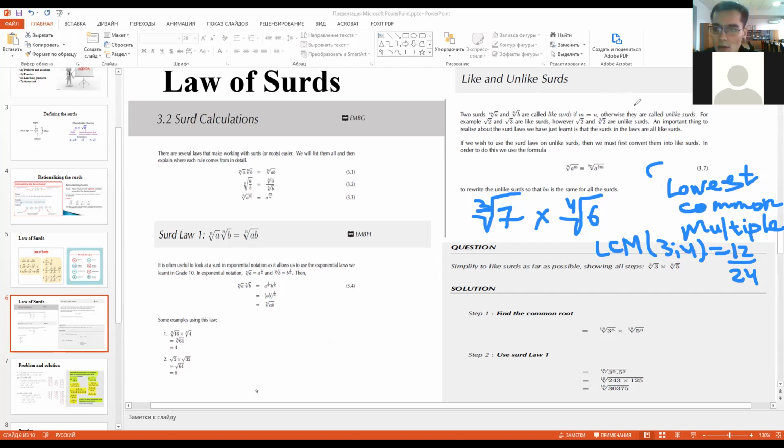So, and what about greatest common factor? Greatest common factor. Factor is divisor. For example, you are given 12 and 8.